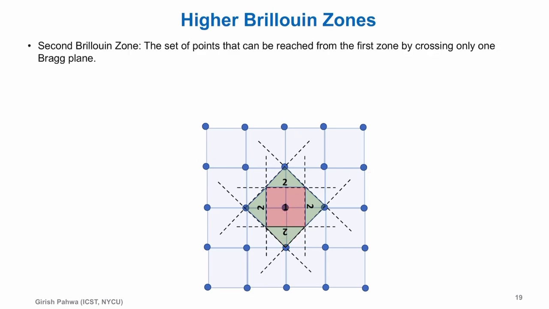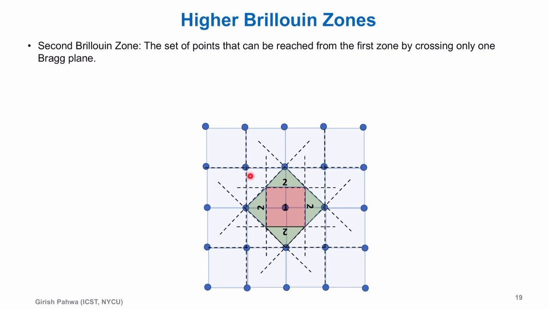One more set will be this and this. As you keep going to the higher Brillouin zones, you keep making more Bragg planes so that you have more clarity. From here to here, I only cross this one, so this region is the third Brillouin zone. But what about this region?